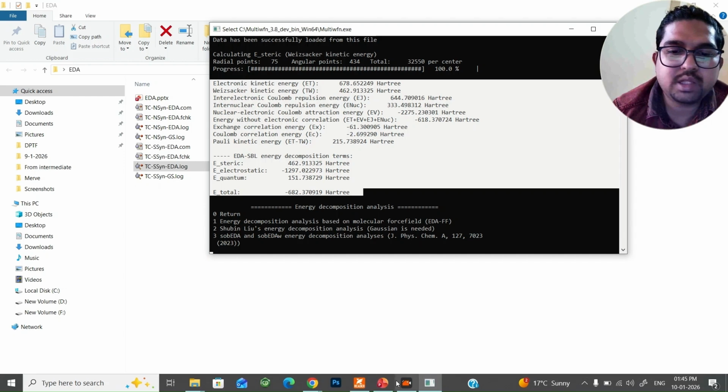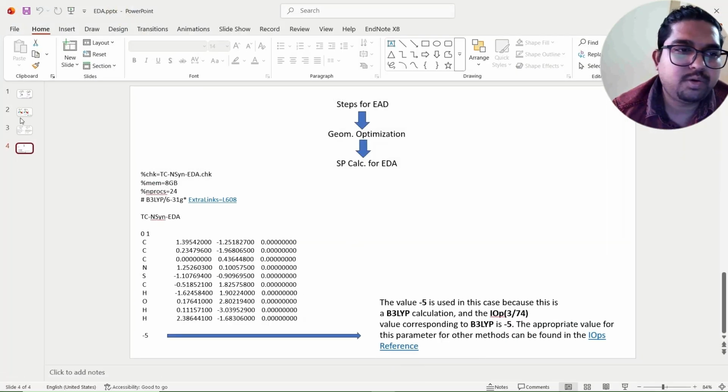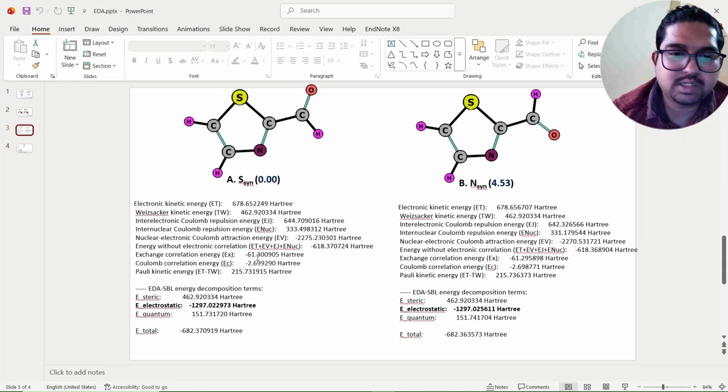This you can copy and paste in your file, and you can use it for analysis. I have copy-pasted that here for both isomers, and it is important for the stability of these isomers. So this is the way you can do the EDA analysis for any molecule, and this is the way you can distinguish between the stability of your system when this kind of situation occurs.